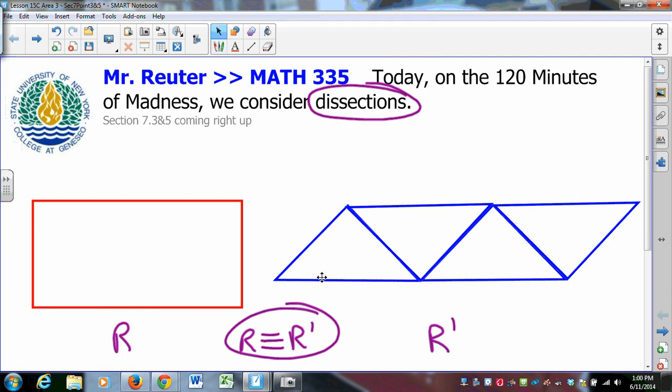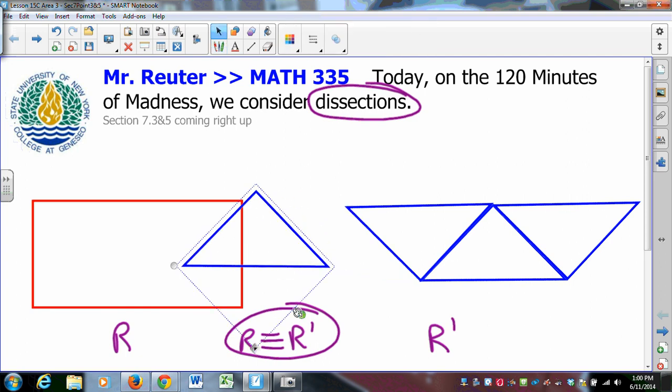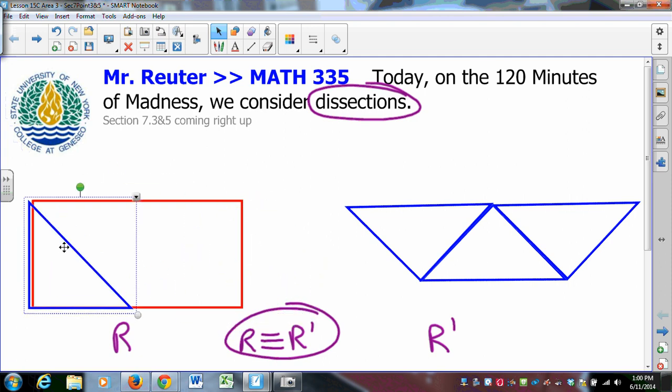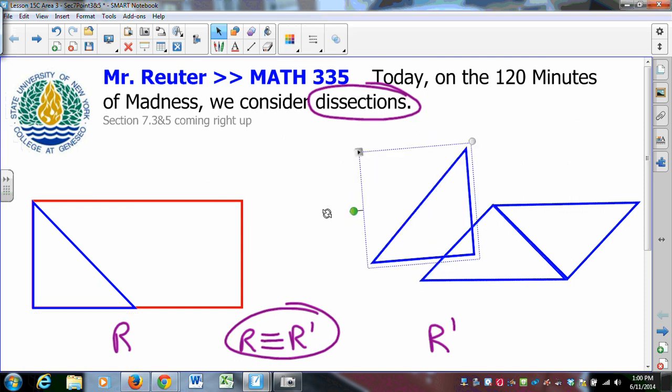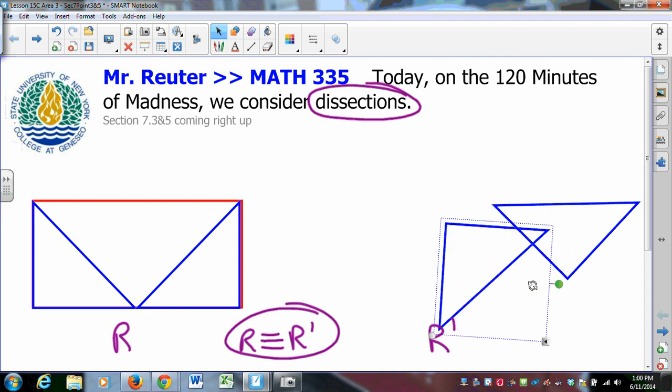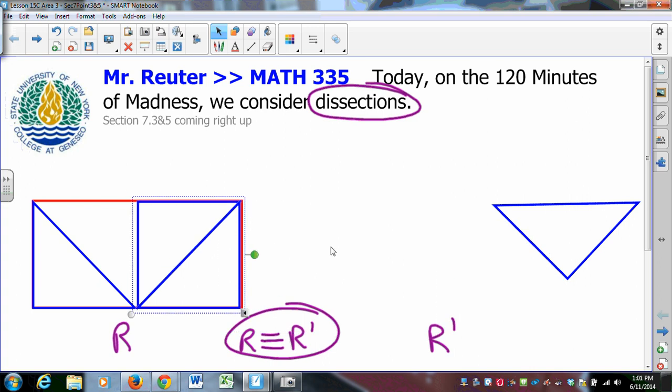I can take these triangles and bring them over here and, with a little bit of work and a little bit of luck, create the red rectangle from those pieces.